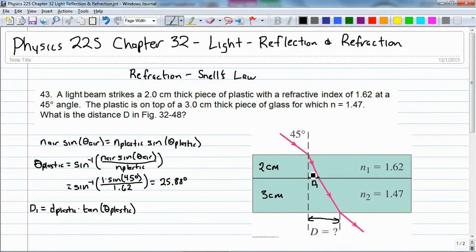And the reason why we have the tangent is D1 is the opposite side, D plastic is the adjacent, and that opposite over adjacent is equal to the tangent, and so I'm just rearranging that equation. So that gives me 2 centimeters times the tangent of 25.88 degrees, and that's equal to about 0.97 centimeters.